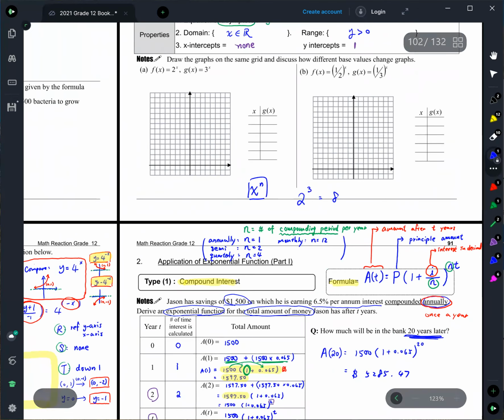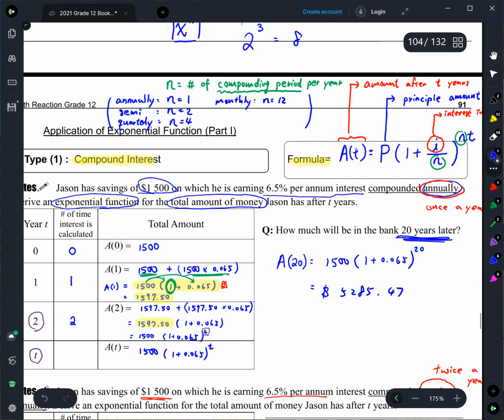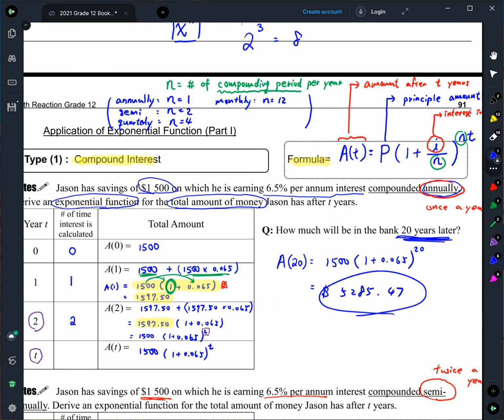But when I type in the equation, the number's really big. Okay, so for example, did you get the amount 5285? No. Okay, so we'll try this one first. You type in 1 plus 1, type in the bracket first. Yeah, we follow the order of operations.